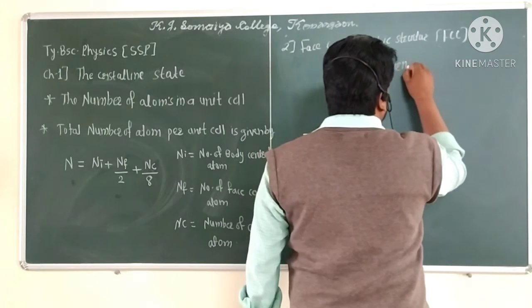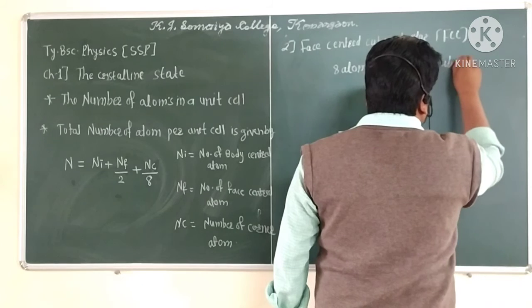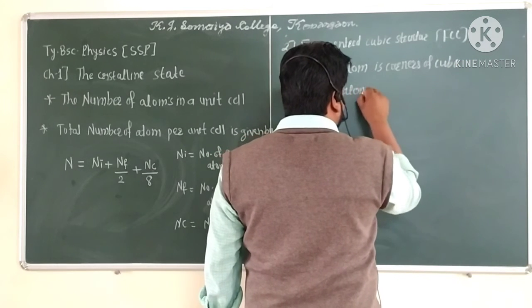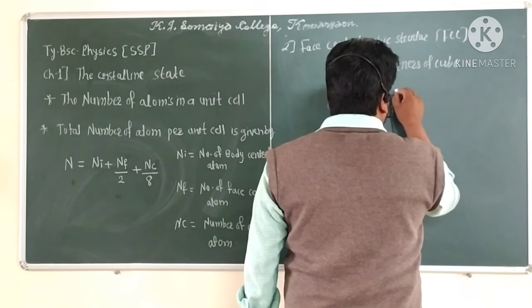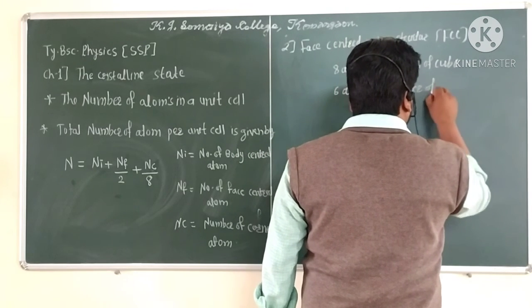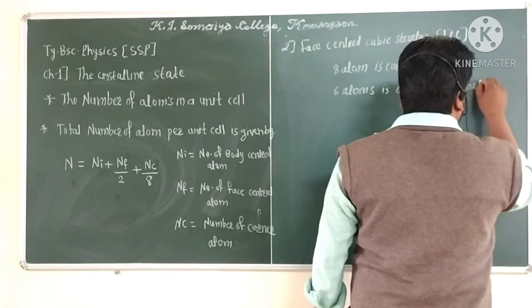So 8 atoms are at the corners of the cube and 6 atoms are at the center of the faces.